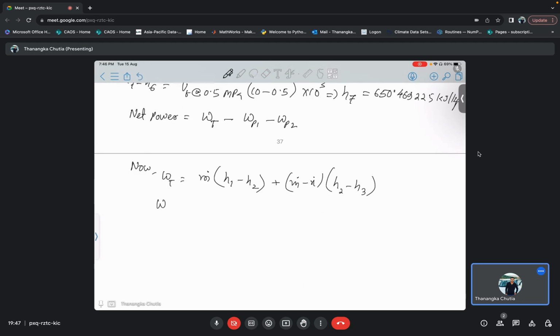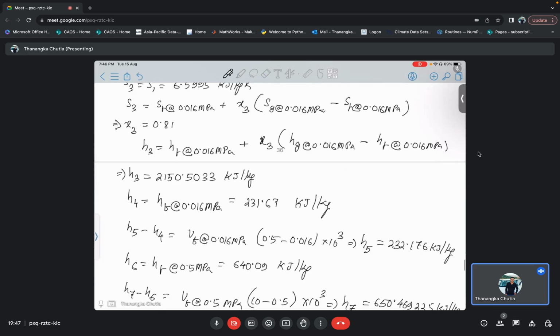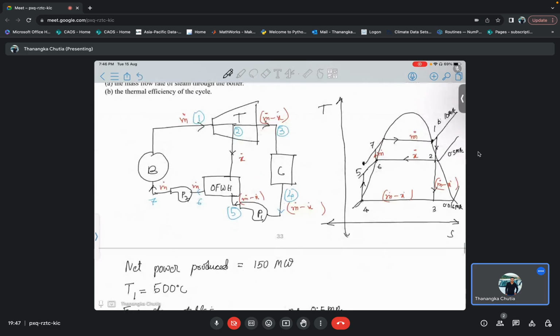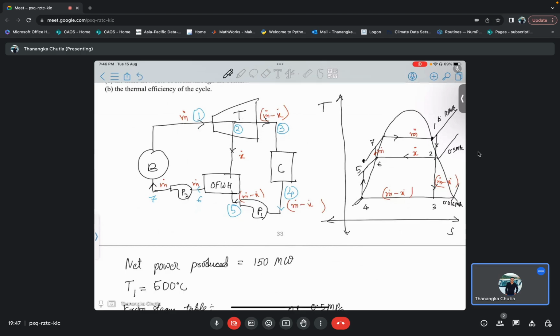Then WP1 for pump 1, the mass flow rate is m dot minus x dot, and the enthalpy change is from 5 to 4. Yes or no?